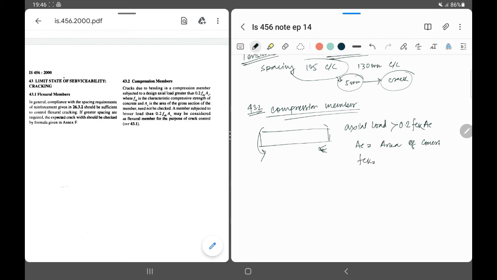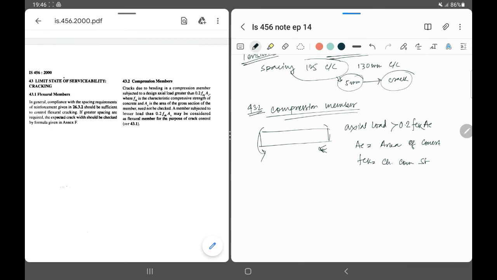FCK is the characteristic compressive strength of concrete, and 0.2 is just a number. AC is the area of the cross section of the member, need not be checked.